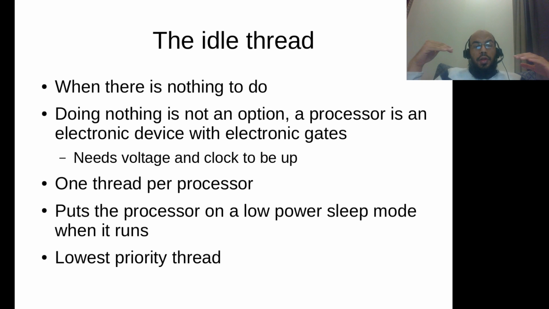So the idle thread has the lowest priority ever in your whole system. In doing that, you make sure that the electronics are up and running in an easy way, but also that the idle thread does not interfere with the normal operation of your processor, or of your scheduling.